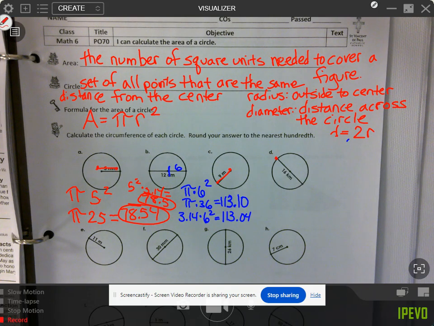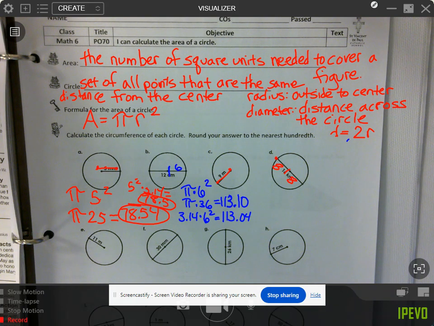So half of 16 is going to give me a radius of 8. Half of 16 is 8 because 8 plus 8, not times, 8 plus 8 gives me that 16. So I want to use that 8. I want just the halfway point.